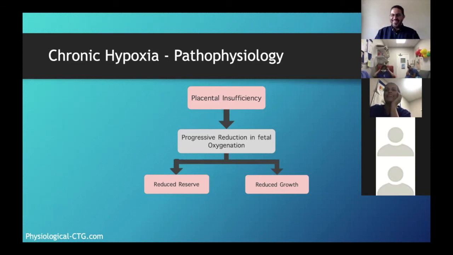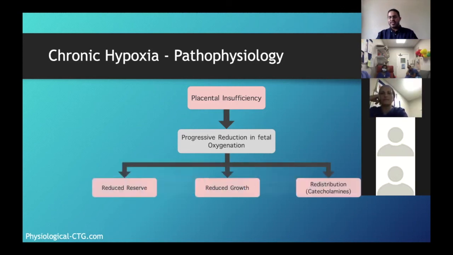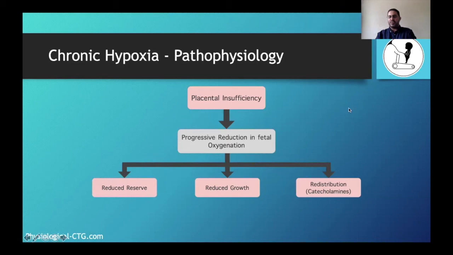So if the placental insufficiency is getting worse, that's only when baby's growth starts getting affected. It means that baby's lost all reserve and it's now reached the point that it can't grow anymore. If it's getting even worse, then we start redistribution. Redistribution is always facilitated by catecholamines, and the baby would have a higher baseline of catecholamines being secreted.